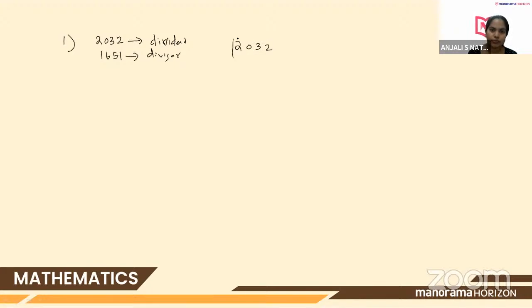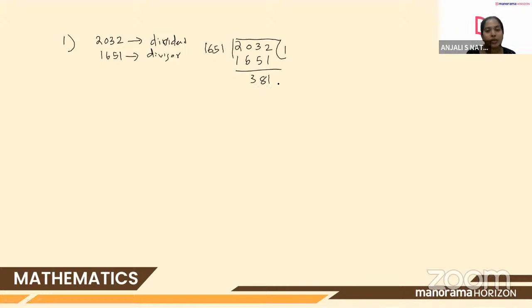So 2032 divided by 1651. We take 1651 into 1, because into 2 exceeds the number 2032. So we take 1651, subtracting it, we get 381.